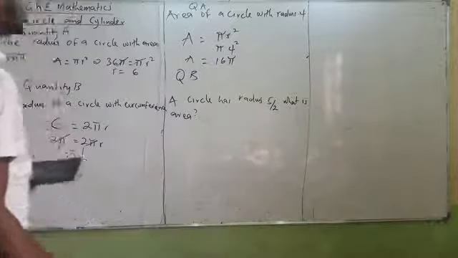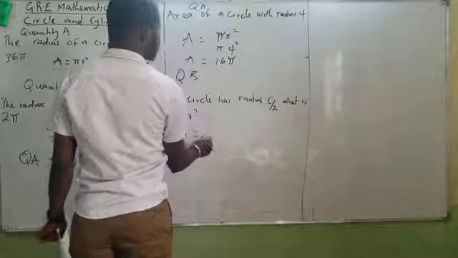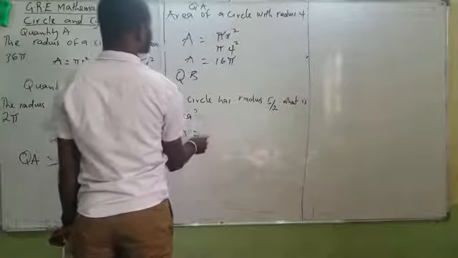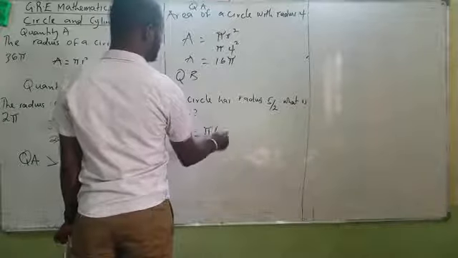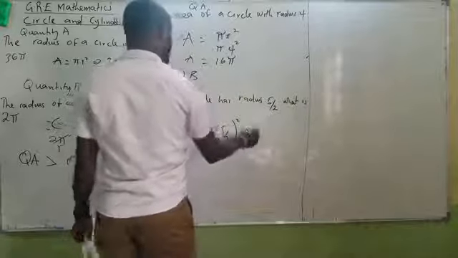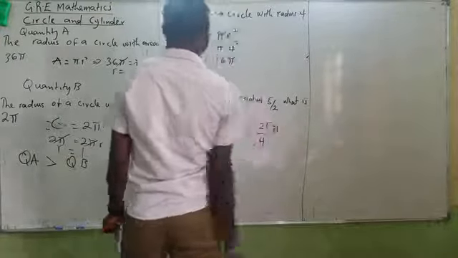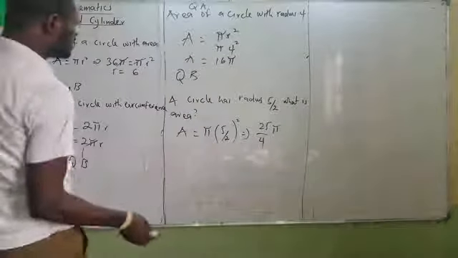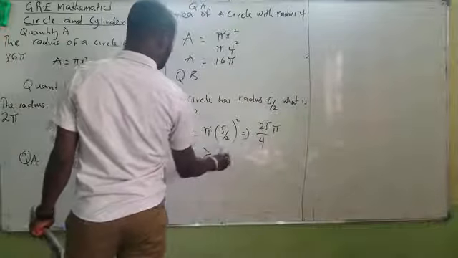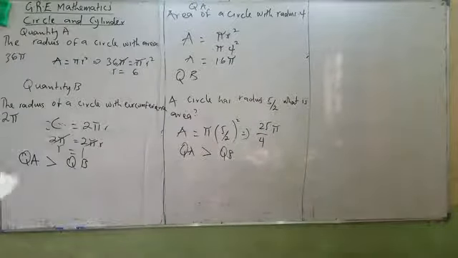I need to do the area equals pi times the bracket of 5 over 2 squared, which implies 25 over 4 pi. Now, you want to know the greatest. Indirectly, it means quantity A is greater than quantity B. These are the ways this comes to play.